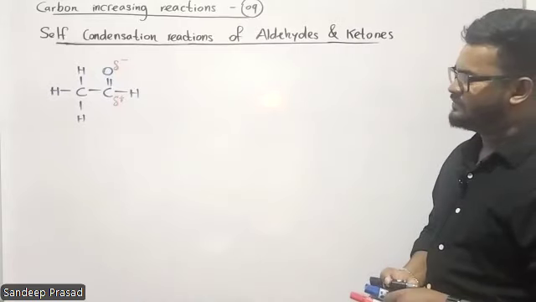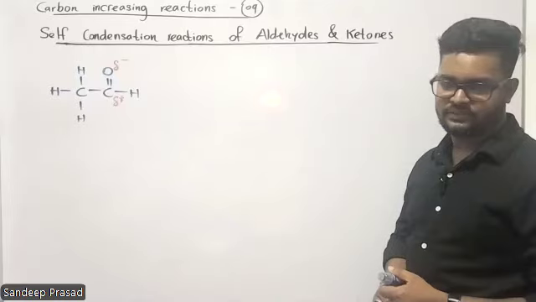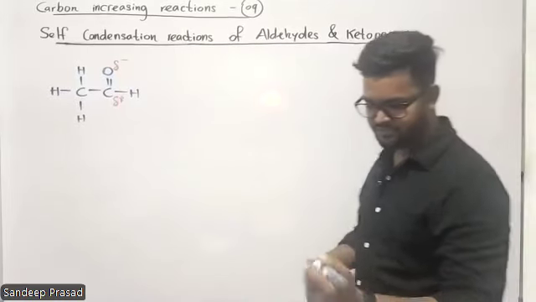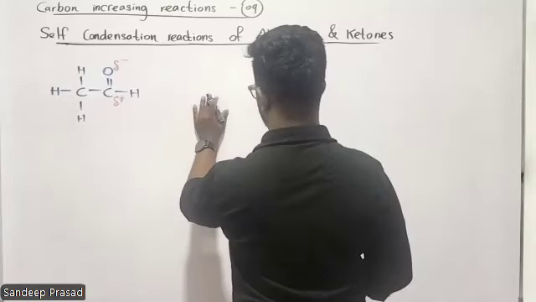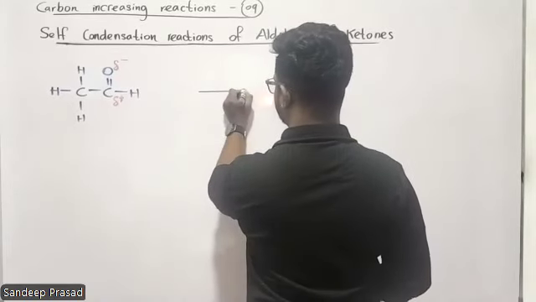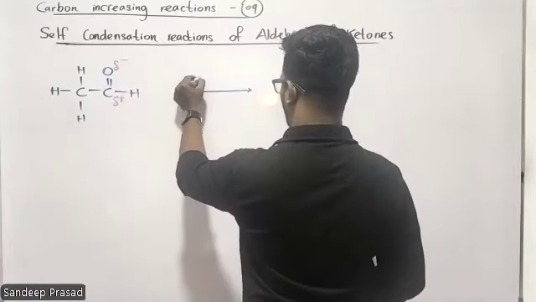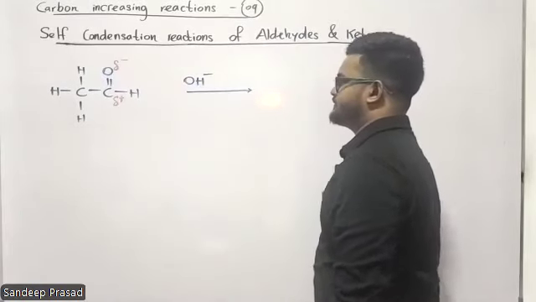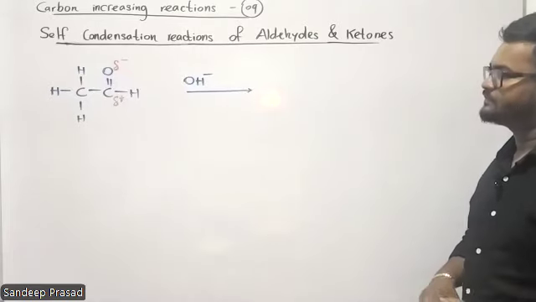And we are adding diluted aqueous sodium hydroxide. That means we can say that OH minus is added. Diluted aqueous sodium hydroxide means OH minus.